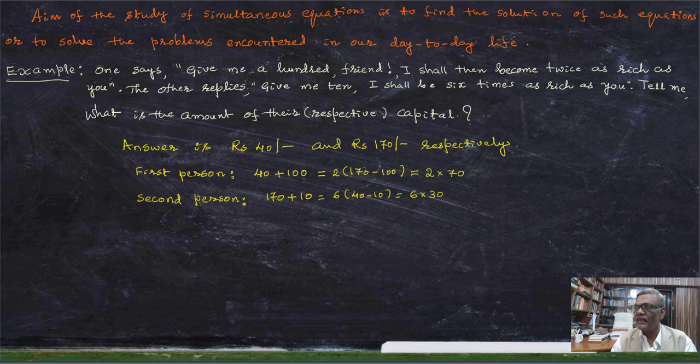That is twice the amount the second person holds, that is 2 into 70, that is 140. The second person already has 170 rupees, and if the first person gives 10 rupees, that is going to be 6 times what he has, 6 into 40 minus 10, that is 6 into 30, that is 180.